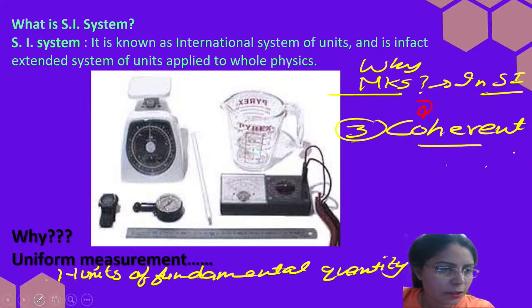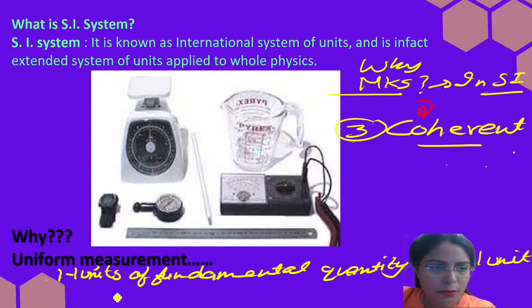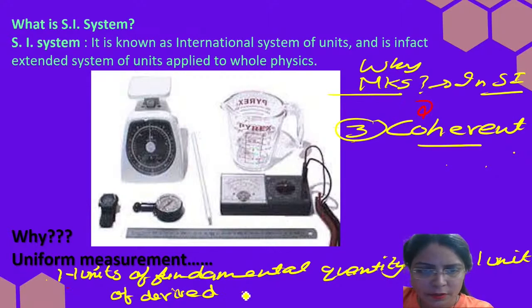Then the notation has changed. I need a different color that will be visible. Make 1 unit of derived quantity.